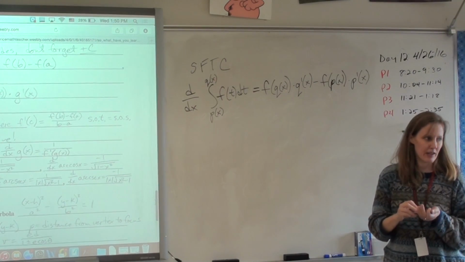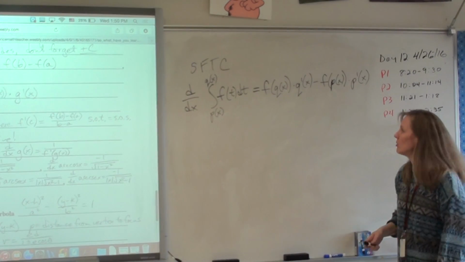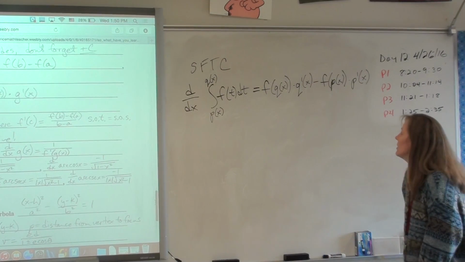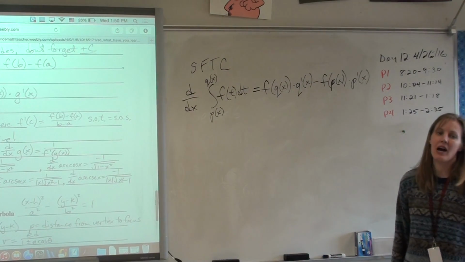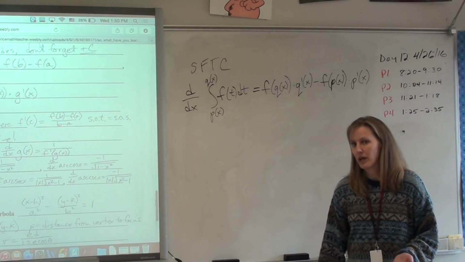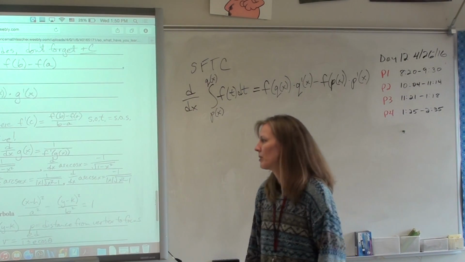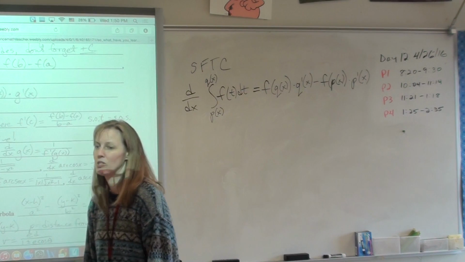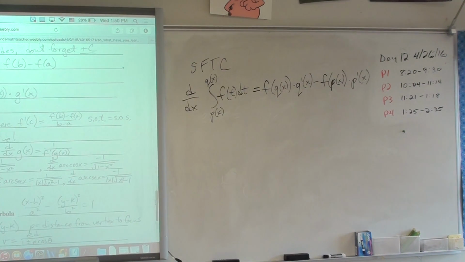Right, that's SFTC. Most of the time, one of those limits is a constant, and then the derivative is 0, and it just goes away, right? But I can't make any promises. Yes, you multiply by the derivatives of the limits. All right, good. Turning the camera back.